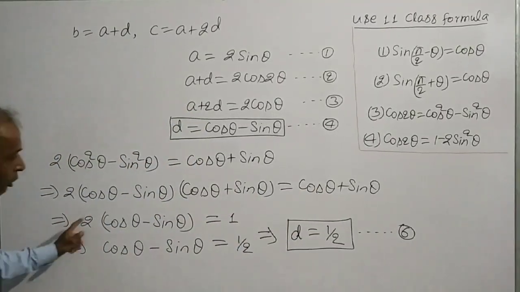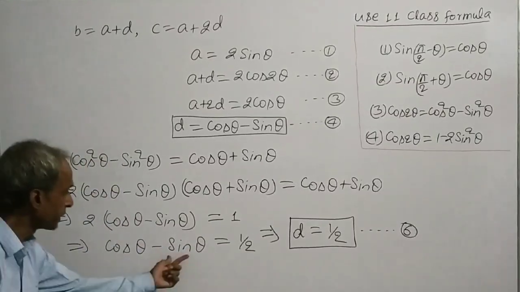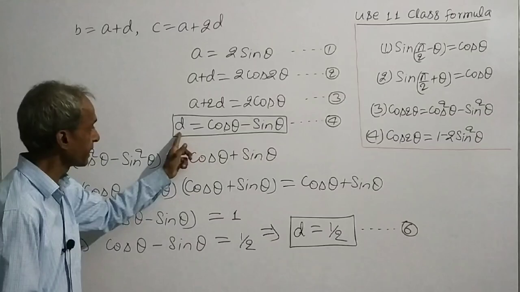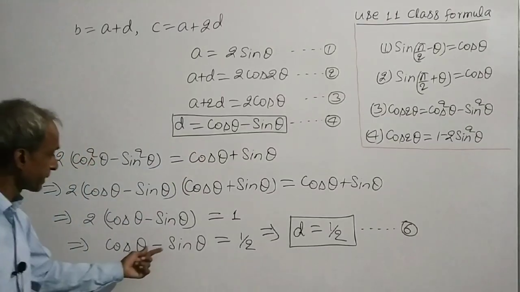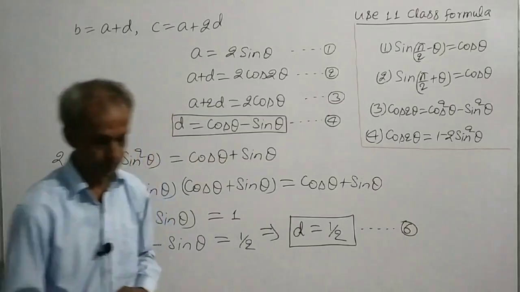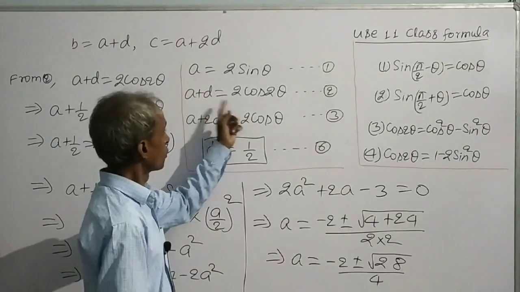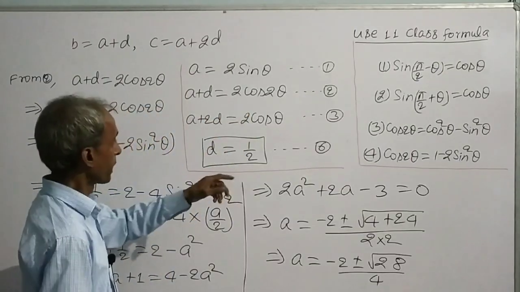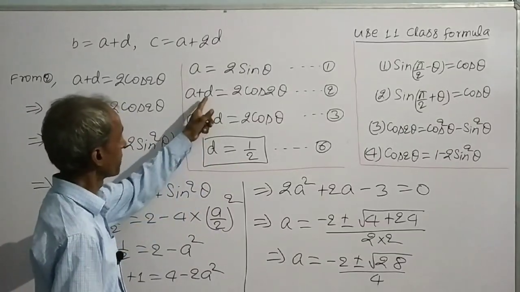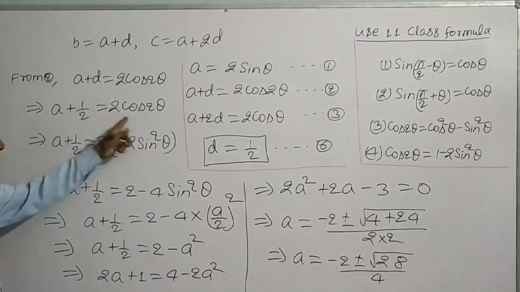Shifting this 2 to the right hand side, we get this. But cos theta minus sin theta is d. That means d is equal to 1 by 2. In this equation 2, when we put this value of d in place of this d, we get this.